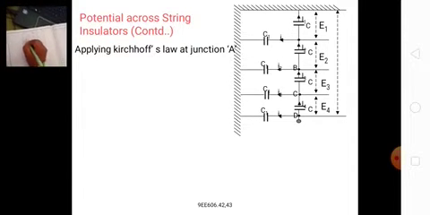The voltages across the capacitances are E1, E1 plus E2, E1 plus E2 plus E3, and for the last, E1 plus E2 plus E3 plus E4.